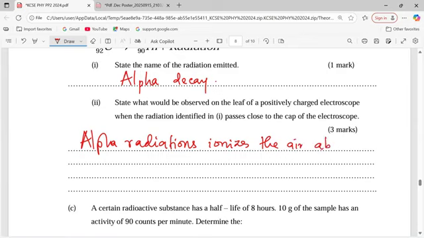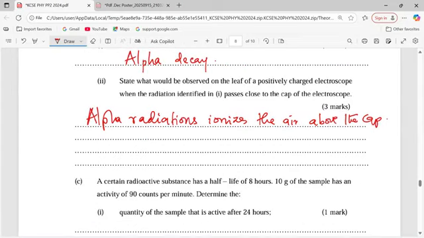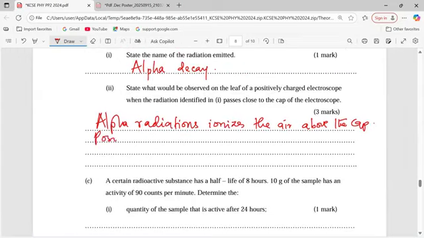I'm starting with the explanation actually. Above the electroscope cap, positive charges leak away simply because they are being repelled by the charges on the electroscope. Then what will remain is the negative charges, which will attract most of the charges in the electroscope, leading to the collapsing of the electroscope leaf.